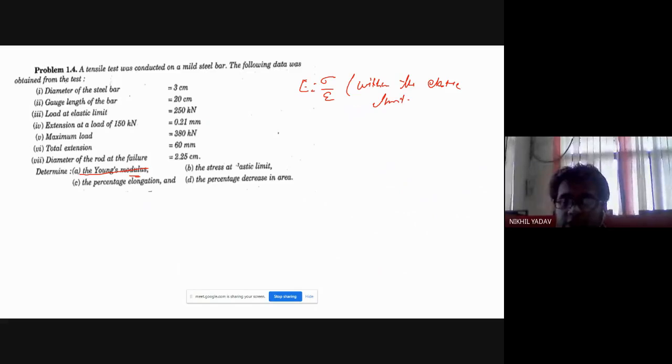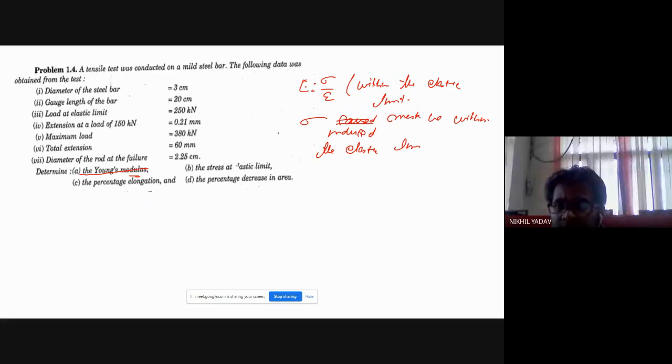It means that the stress induced must be within the elastic limit, and hence the strain should also be in the same limit.